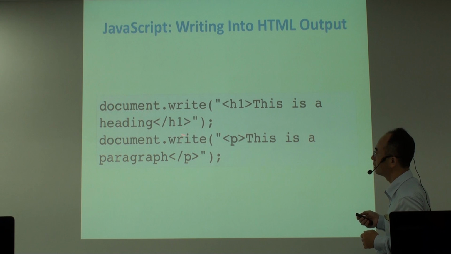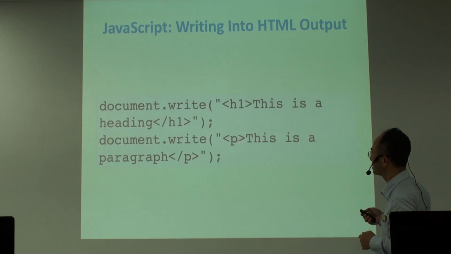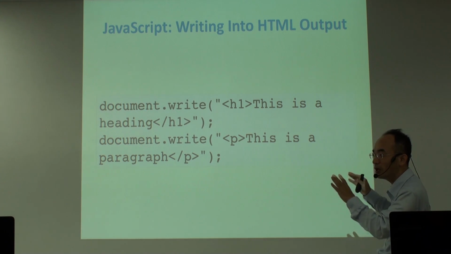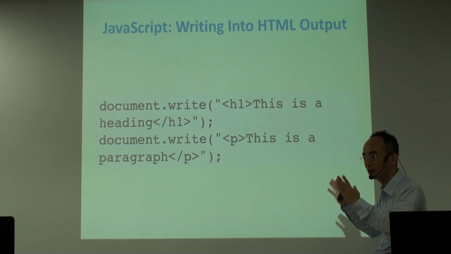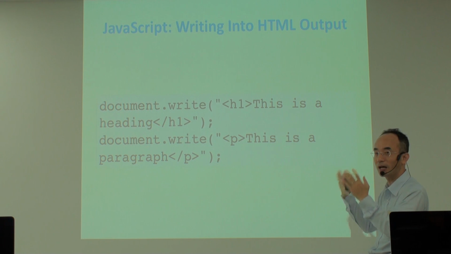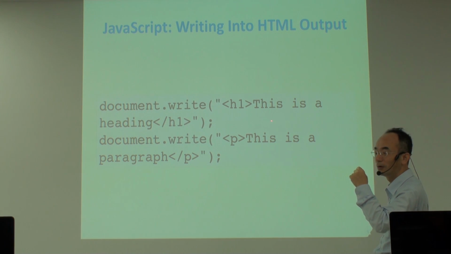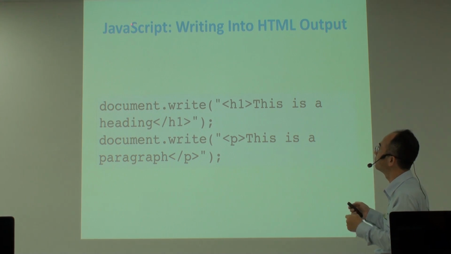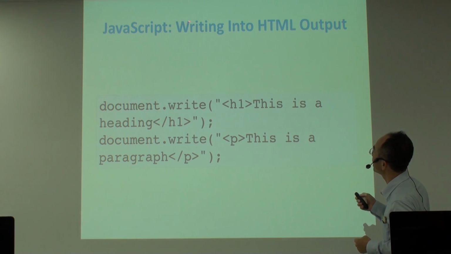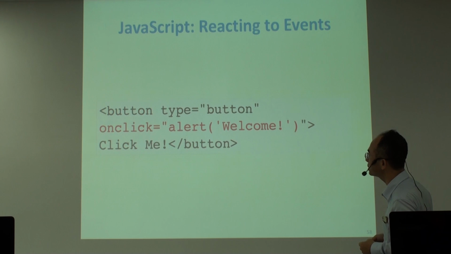This is a heading, and this is document.write. This is a paragraph, a P element, and you can change the HTML code, change the content. So this content is written from JavaScript, so writing into HTML as our output.